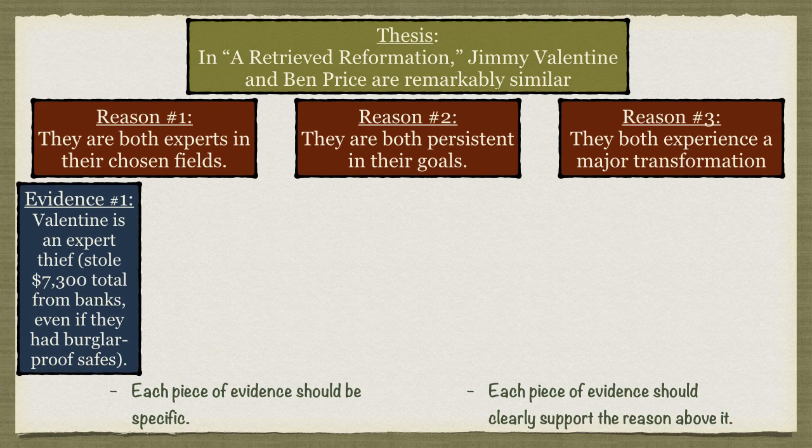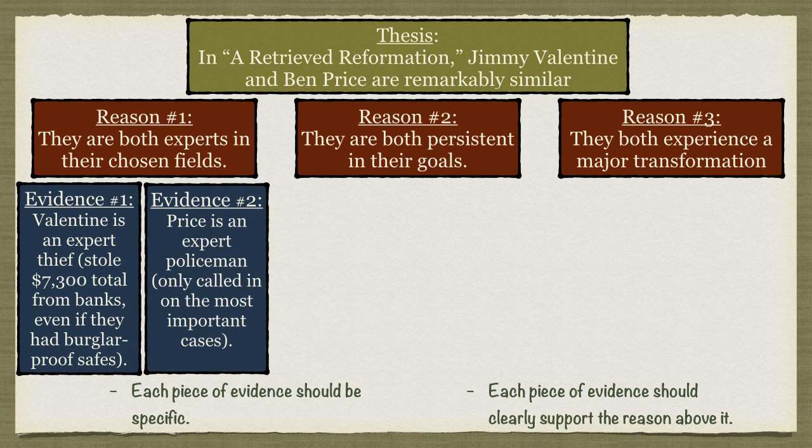So, I can say evidence 1, Valentine is an expert thief, and then evidence 2, Price is an expert policeman. So there you can see how I have 2 specifics, one about one character and the other about the other character. And that's a really good idea if you're doing any sort of character comparison thesis.